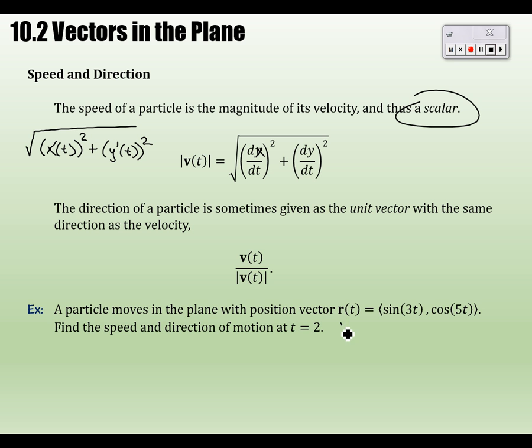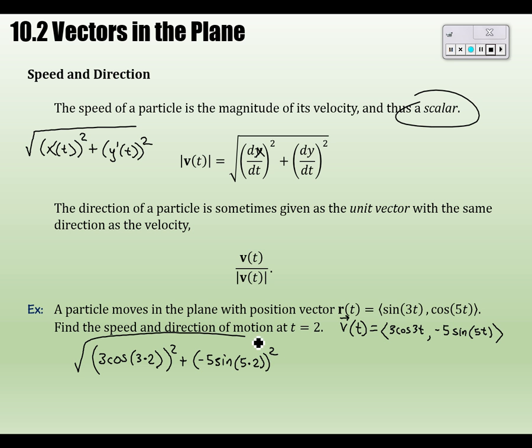Velocity was 3 cosine 3t, negative 5 sine 5t. The magnitude of that would be the square root of 3 cosine of 3 times 2, squared, plus negative 5 sine of 5 times 2, squared. So this will be our speed.